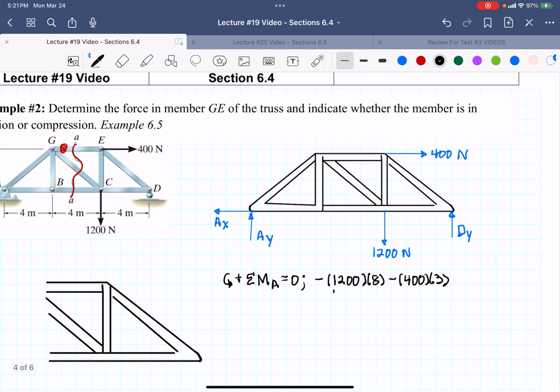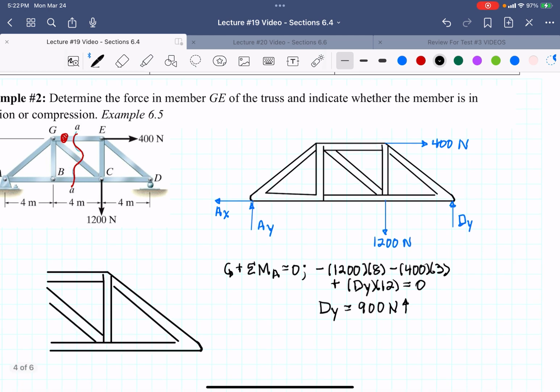And then I've got plus D of Y, which I don't know yet, times 12 equals 0, which is going to give me that D of Y equals 900 newtons. And it is positive, so what I assumed was correct, which we knew because it's a roller, but just for clarification, it does go up.